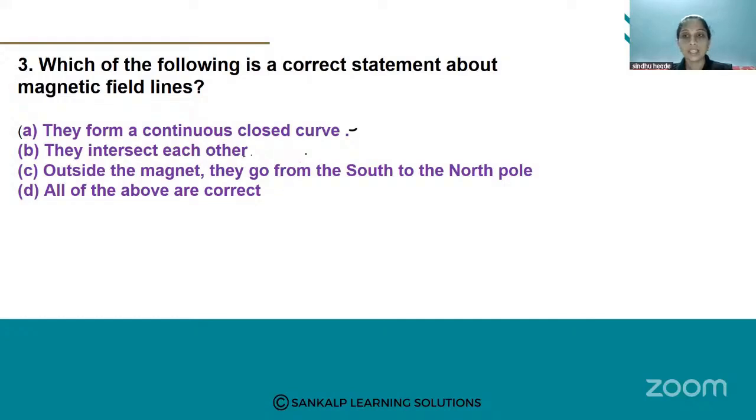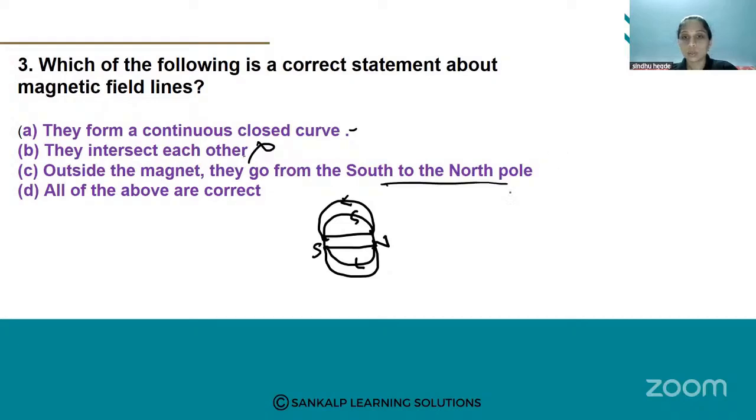Just remember the properties of magnetic field lines. We know that they never intersect each other. So they never overlap or intersect. That B option is wrong. And C one, outside the magnet, they go from south to north.